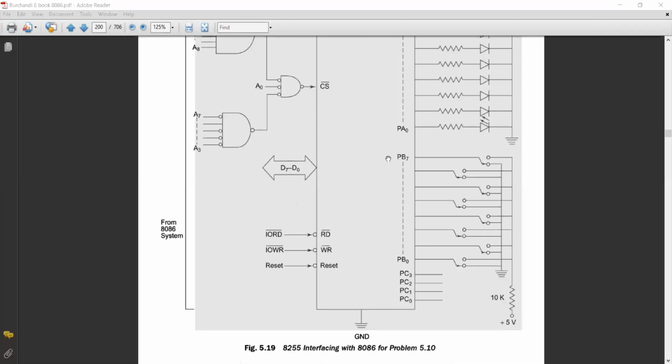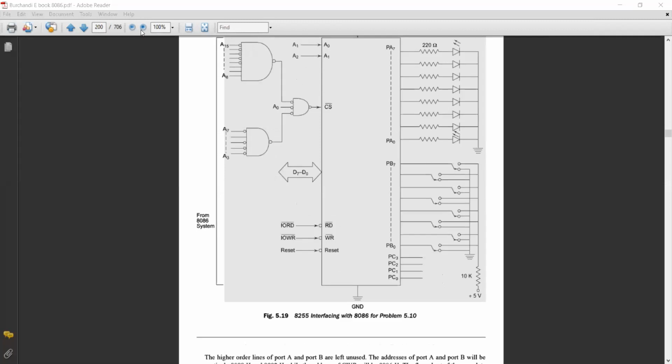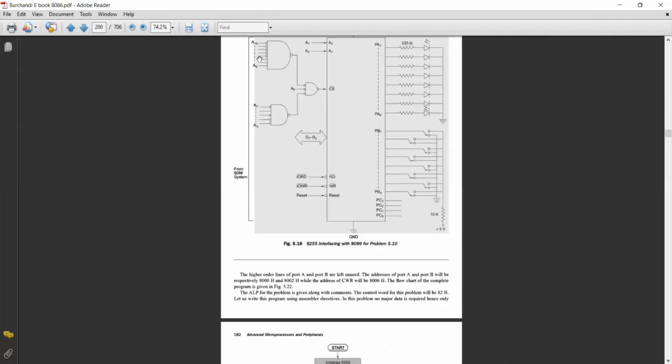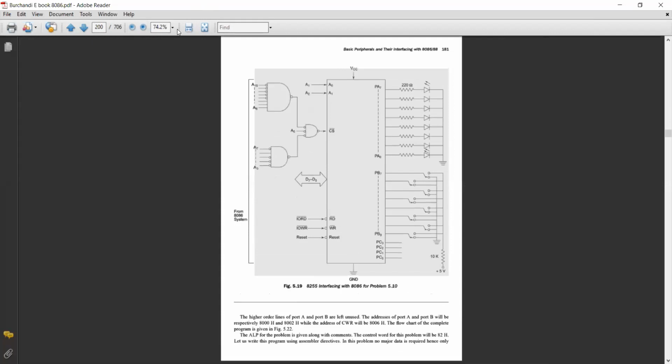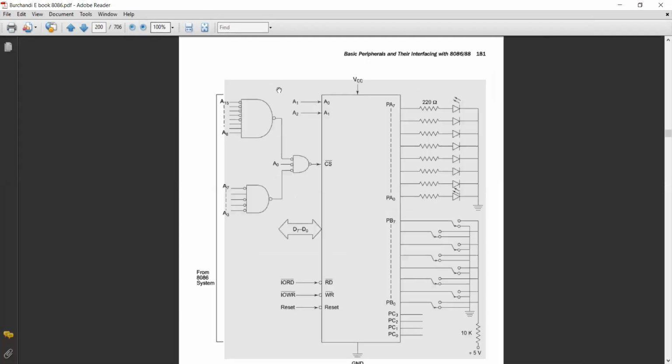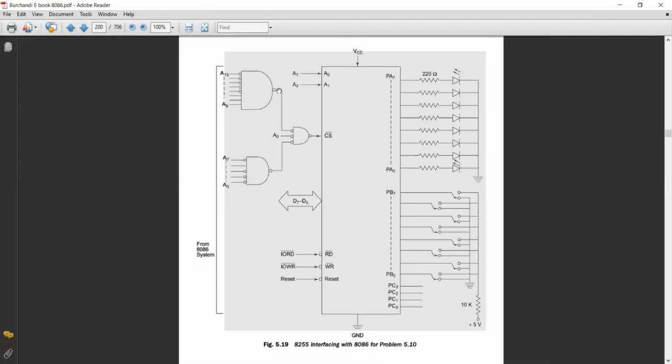This one, just see. This is nothing but an 8255. Here there are some switches. If you press the switch PB0, automatically the PA0 LED will be on. Similarly, if PB1, the PA1 LED will be on.